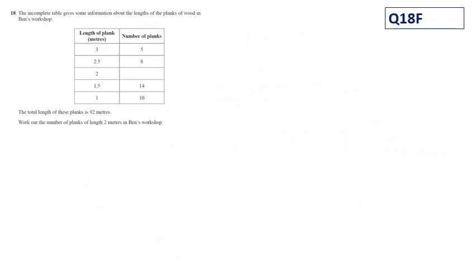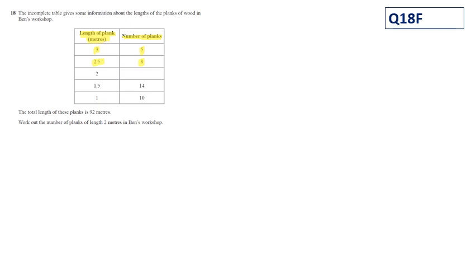Okay, so question 18. The incomplete table gives some information about the lengths of the planks of wood in Ben's workshop. Below that I have a table that has 2 columns: length of plank in meters and the number of planks. So here I have 5 planks that are 3 meters long, 8 planks that are 2.5 meters long.